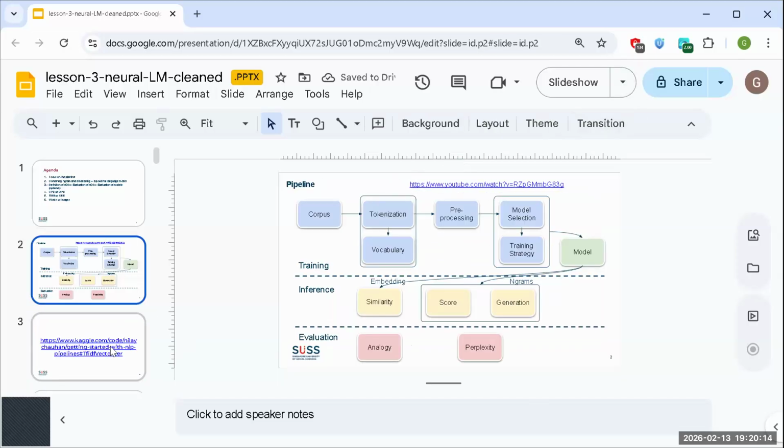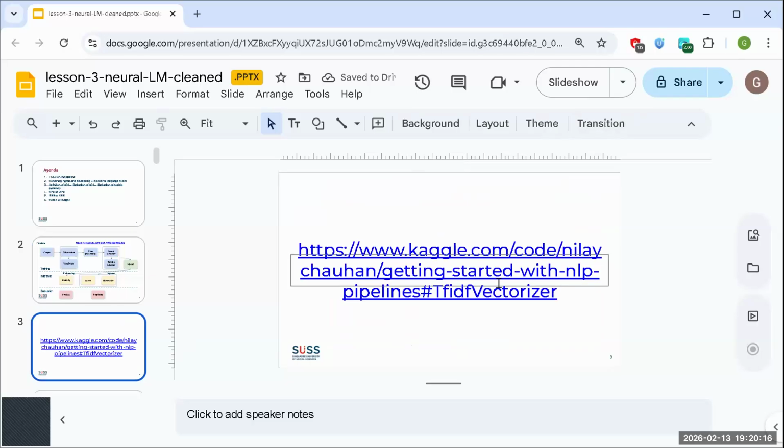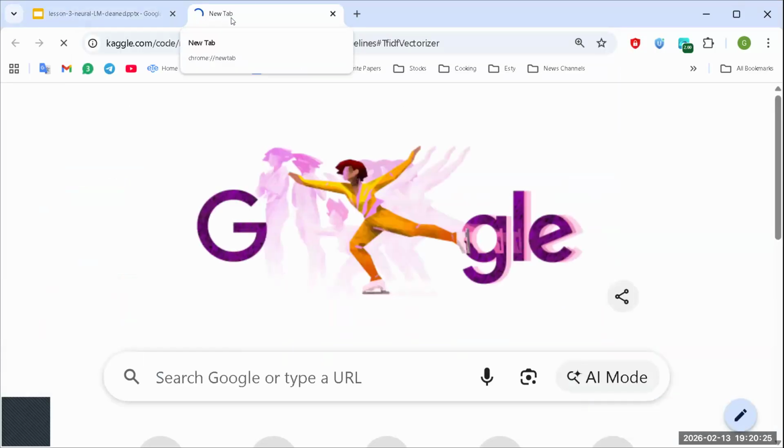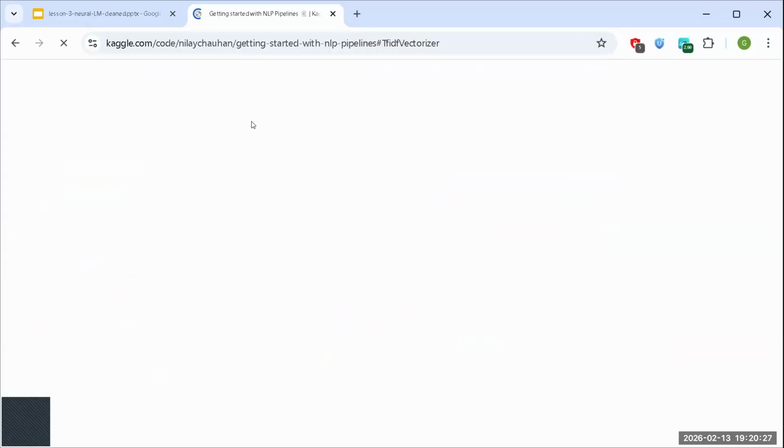Okay, so besides that, let me show you another Kaggle link. If you're not familiar yet, Kaggle is one of the good tools for you to look at how other people process natural language processing pipelines. As I said, pipelines don't always have to be the same, but they have very similar categories.